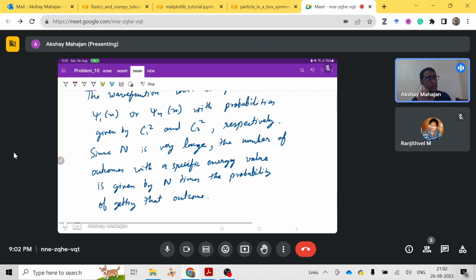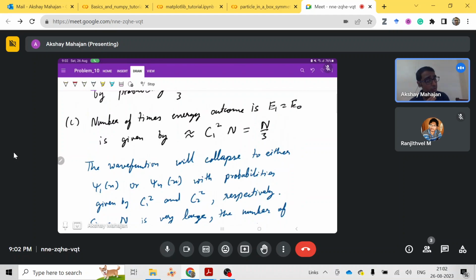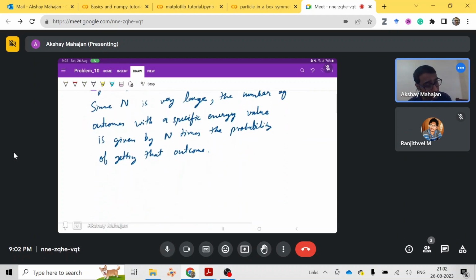So that's why we are saying that the number of times the energy outcome will be E naught will be C1 square n, which is n by 3. So it will be probability times n, which is a very large number.